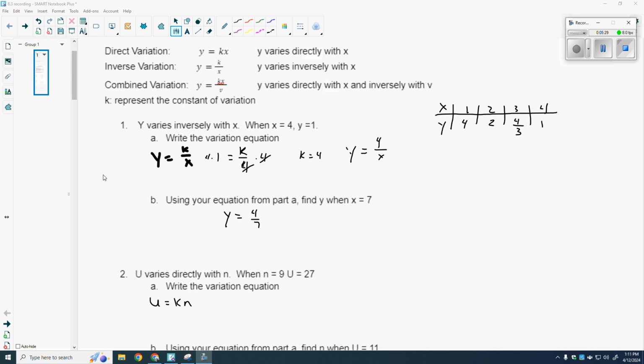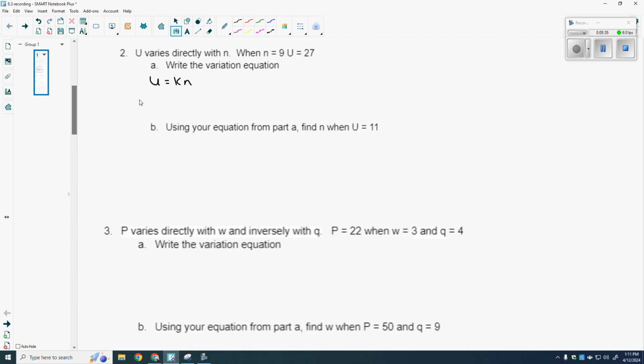So use my two variables given. U is 27, so I put 27 in for U. N is 9, so I put 9 in for N from right there. Divide both sides by 9, and the relationship between U and N is 3, so k equals 3.